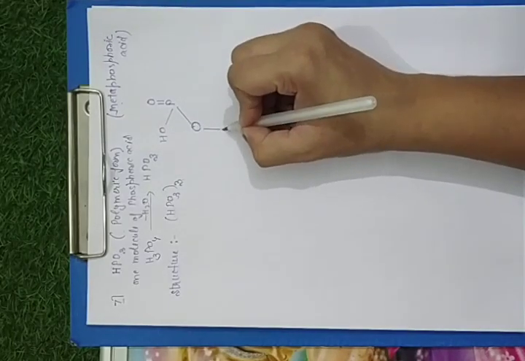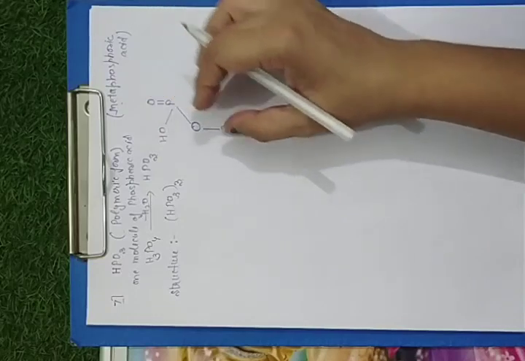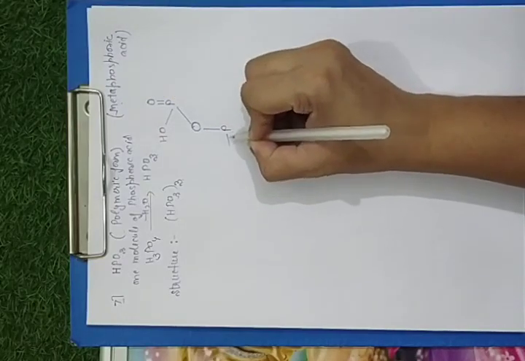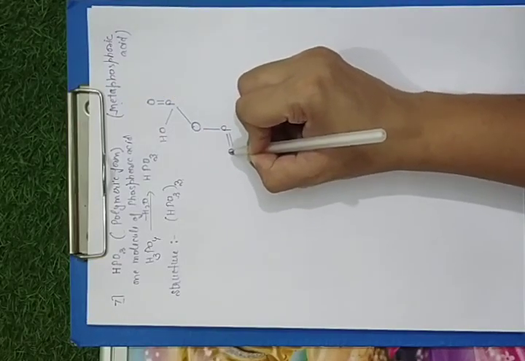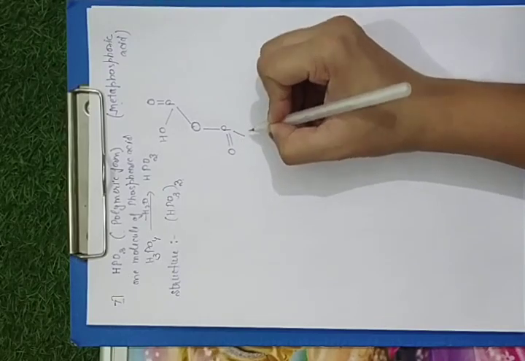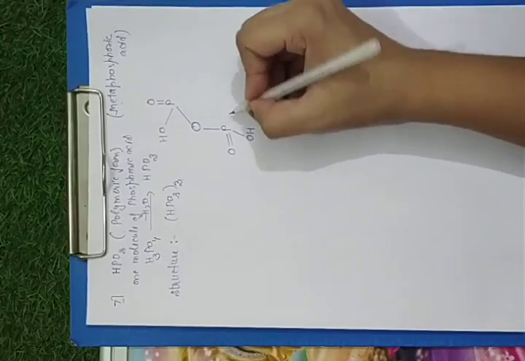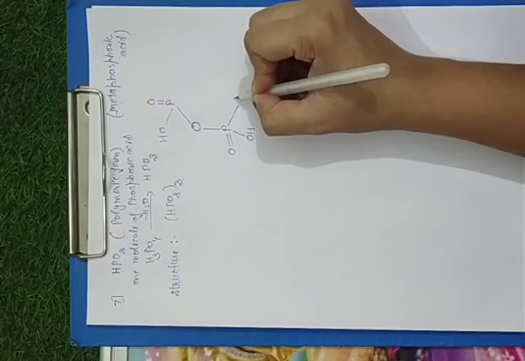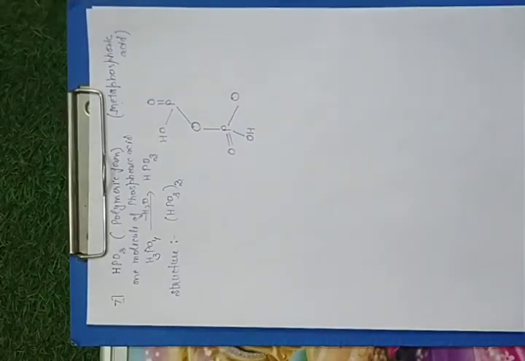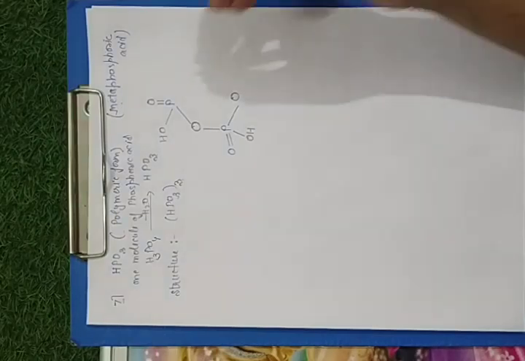Now the second one is this phosphorus, the same unit, linked with double bond O and OH. Its oxygen is a single bond O. That is the second unit.